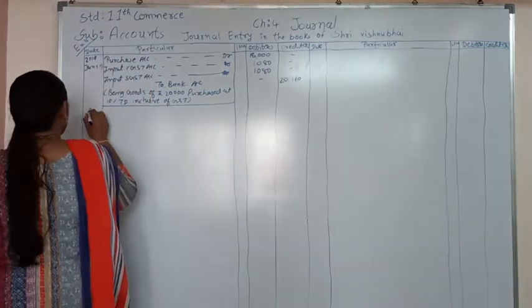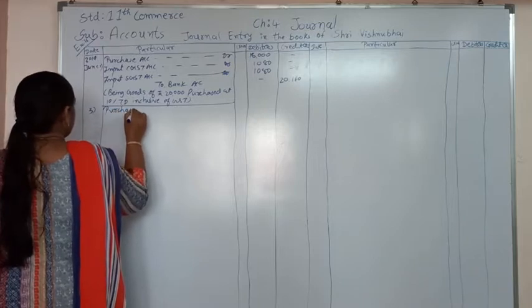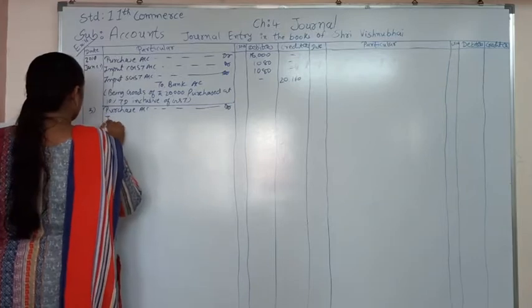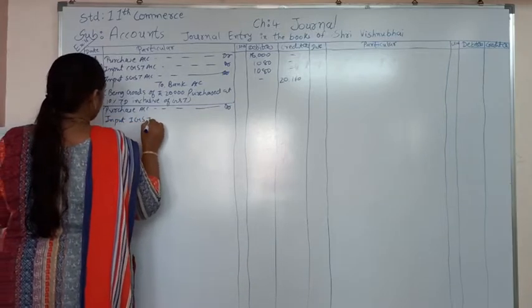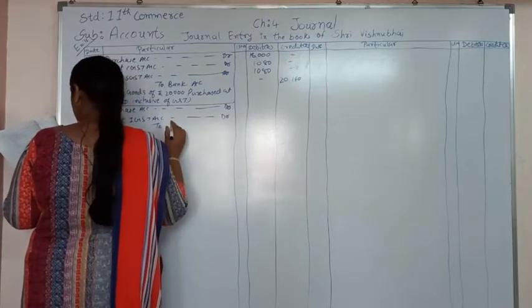So for the third, the journal entry will be: purchase account debit, input IGST account debit, to Bhadresh Bhai account.